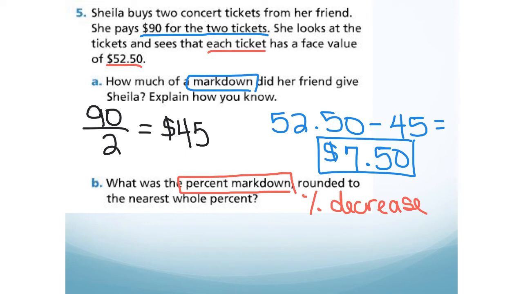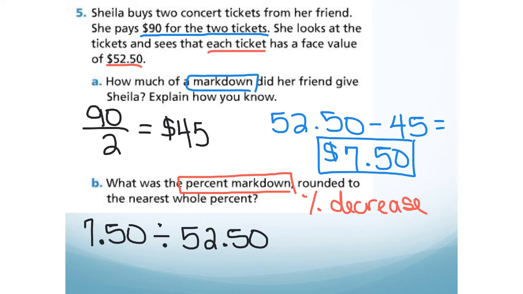The equation tells us that in order to find the percent of decrease or the percent markdown, we're going to take the change of $7.50 and divide it by the original price of $52.50 and then multiply that answer by 100.